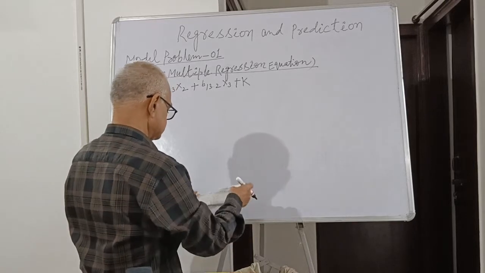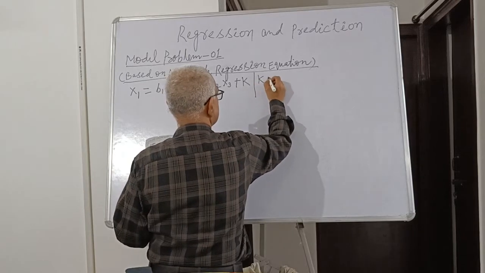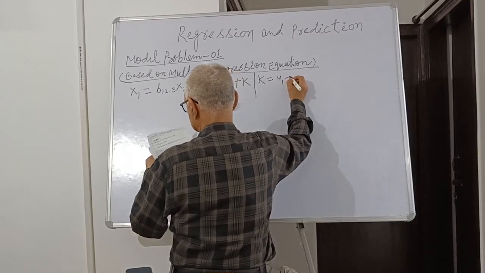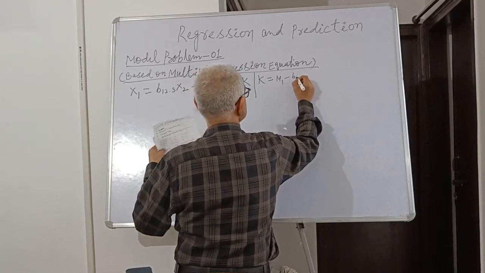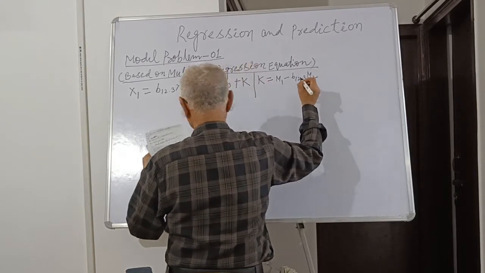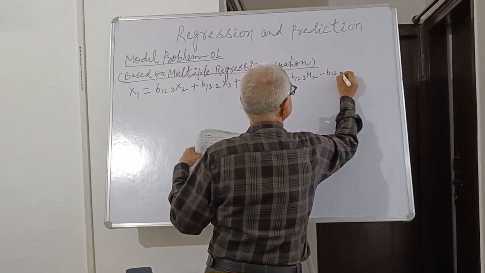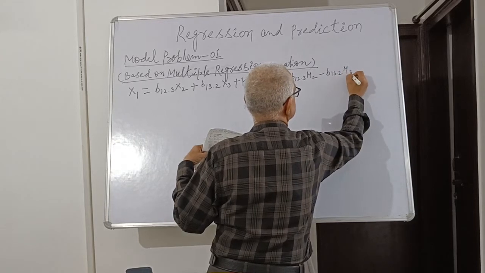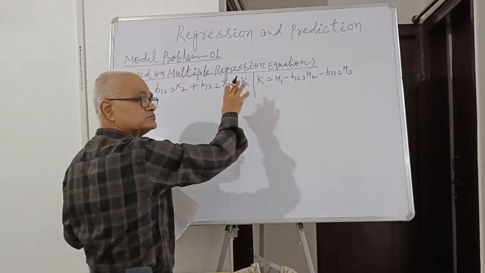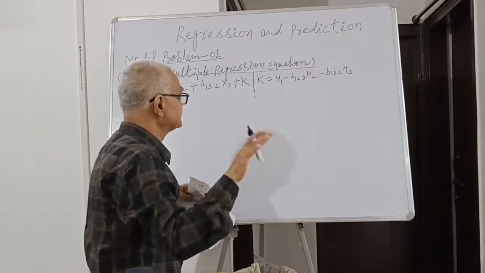So far as this k is concerned, as we know, k is equal to m1 minus b12.3 m2 and again minus b13.2 m3. So this is the equation in order to find the specific multiple regression against the given data.